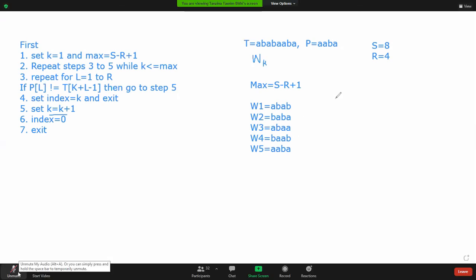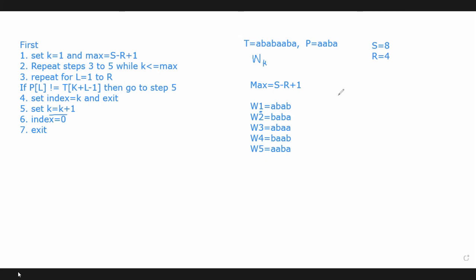Now suppose when K equals to 1, we take the first substring, and we have to test all the characters of the pattern with each of the characters of this substring, right? So what is the pattern value? Pattern is A A B A. And here this L variable denotes the characters of the pattern. That is, when L equals to 1, this is the first character, we have to test it with the first character of substring W1.